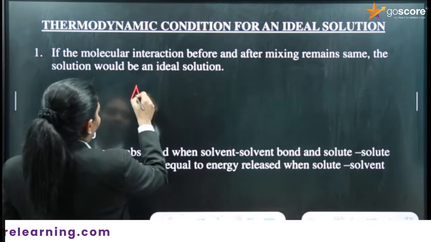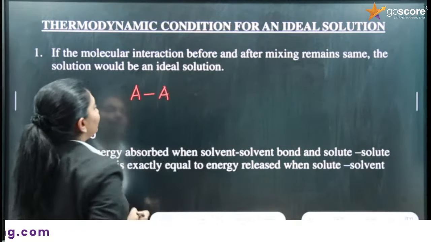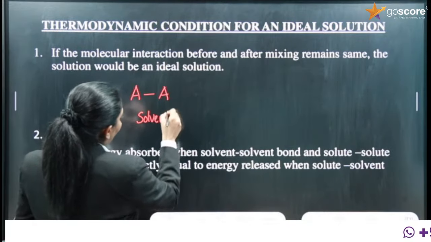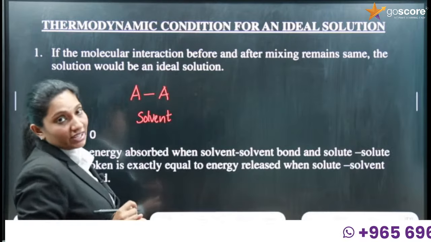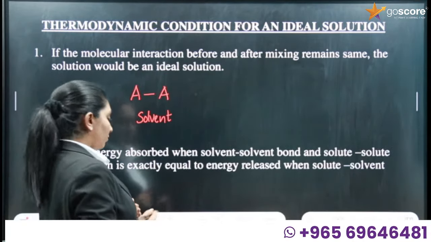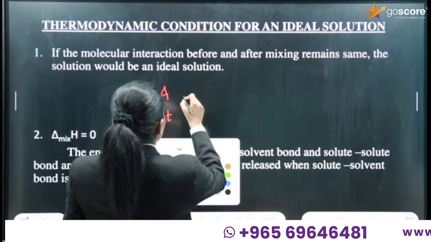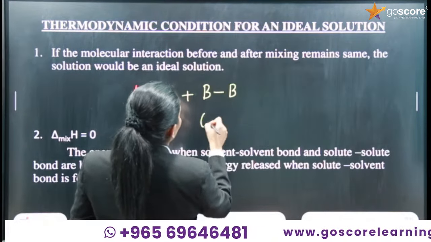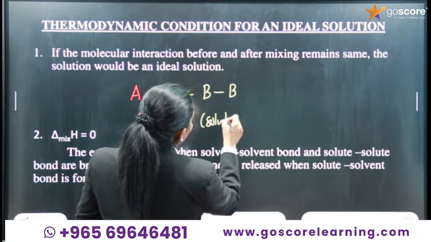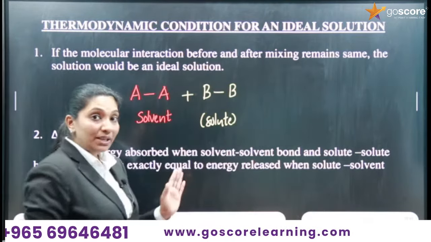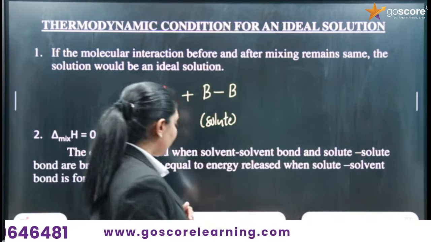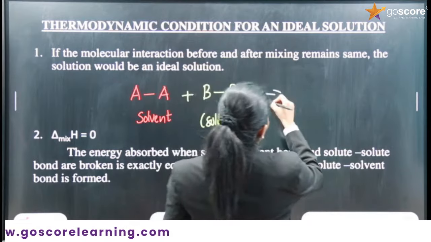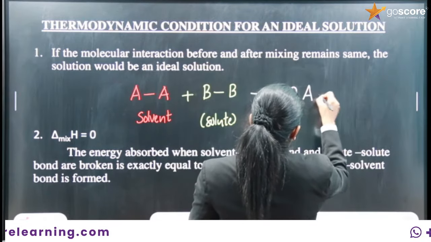This is your solvent A, and there will be interaction between the solvent molecules, right? And this is the solute particle, that is B, and between the B particles there will also be an interaction. So when you mix these two together, you will get the solution, right?